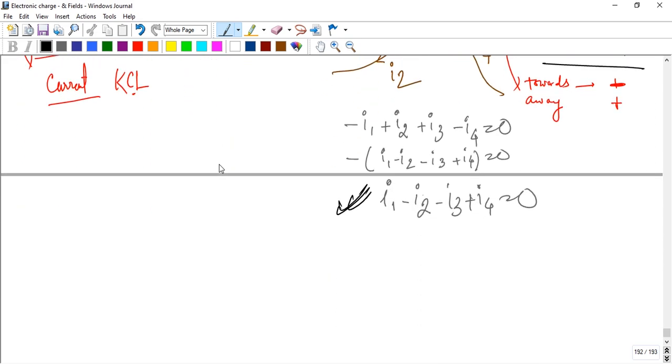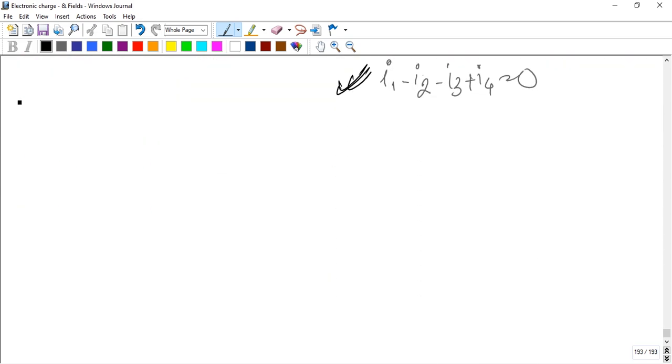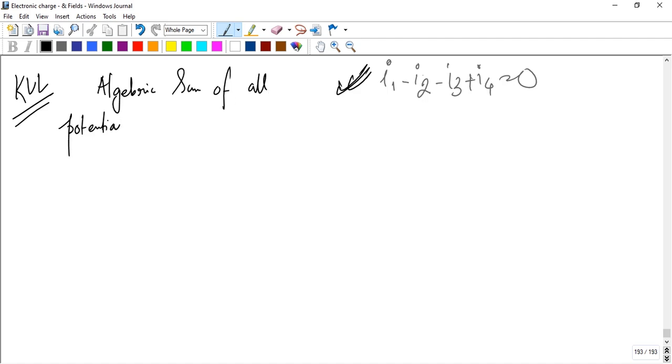Then Kirchhoff's voltage law, the loop law. So what is the loop law? KVL. KVL states that the algebraic sum of all potentials in a closed loop becomes 0.